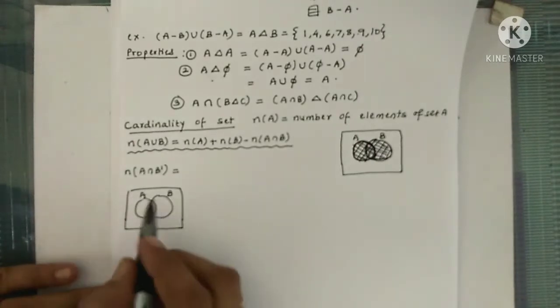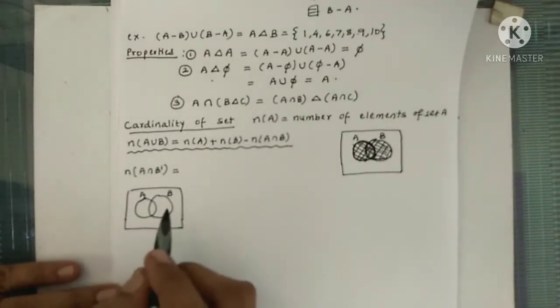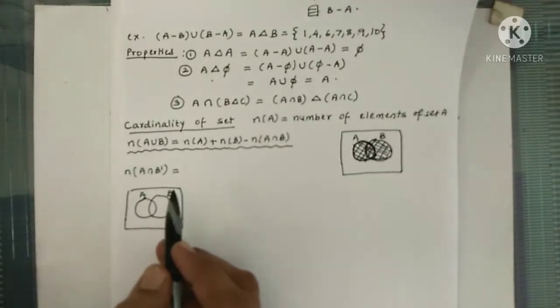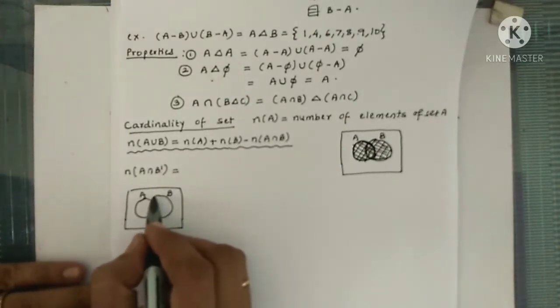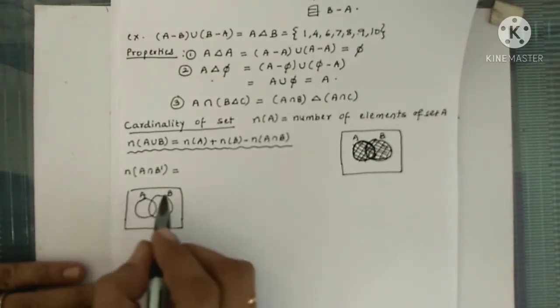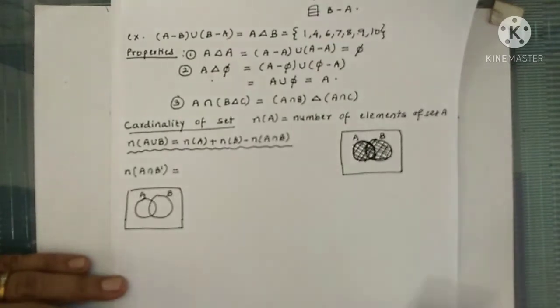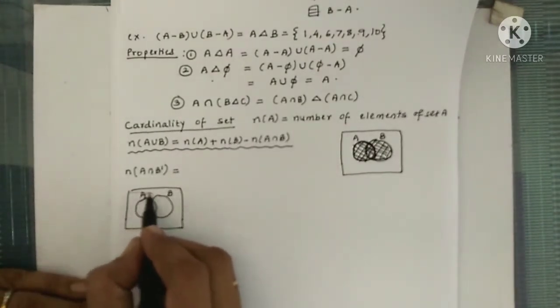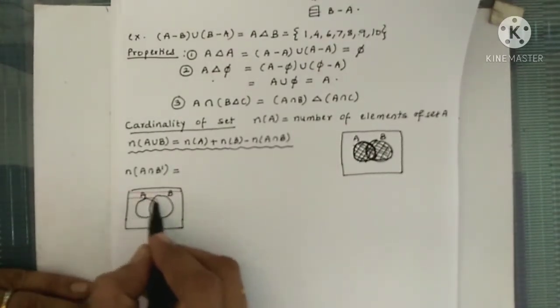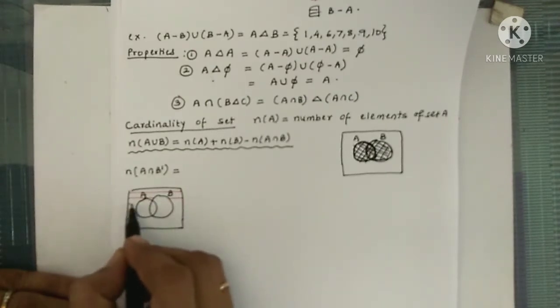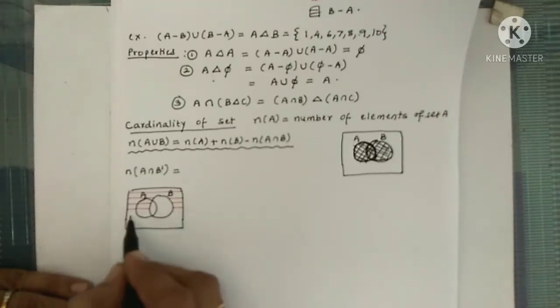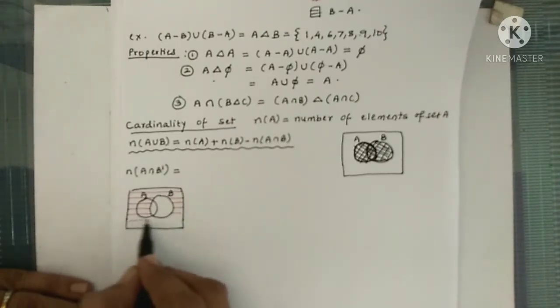It is intersection. It means the common portion of A and B dash. But what is B dash? B dash is the portion of the rectangle other than B. So consider this circle B. Don't shade it. Shade the remaining part of the rectangle. So this is B dash.